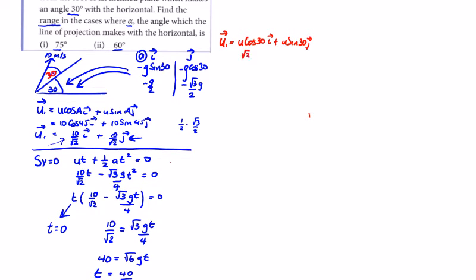Cos of 30 is root 3 over 2. The velocity is still 10, plus 10 times a half in the j direction, so we're going to get 5 root 3 in the i direction plus 5 in the j direction.